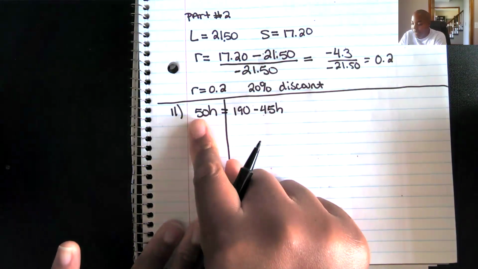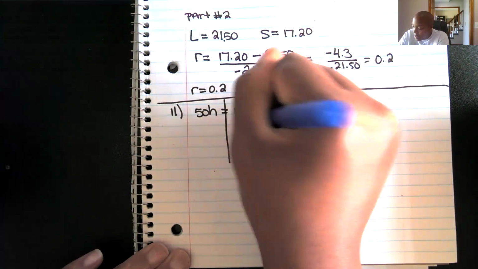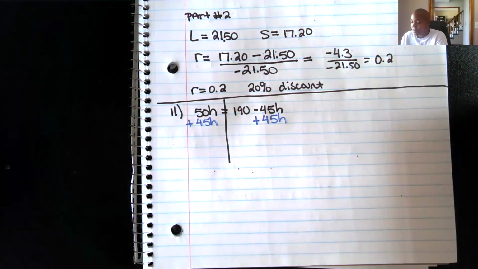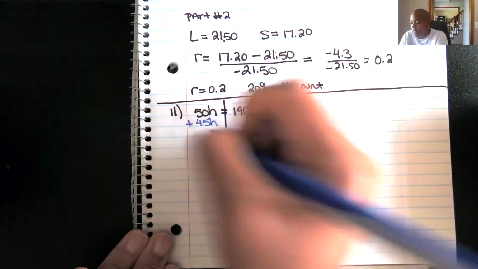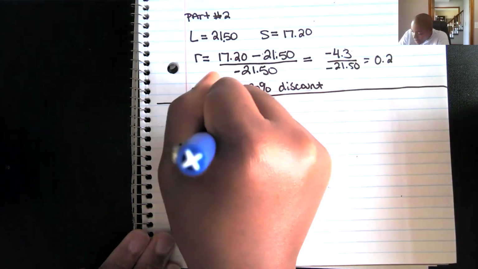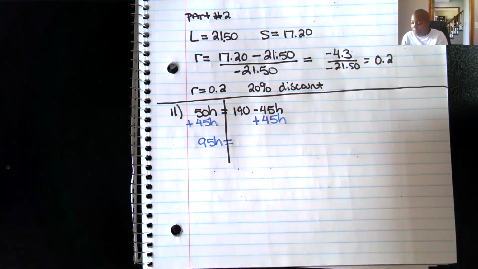I'm going to get all my h's on the same side. So I'm going to get that 45 to be on the left side. So I'm going to do plus 45h on both sides. 50 plus 45 is 95, and that equals 190.